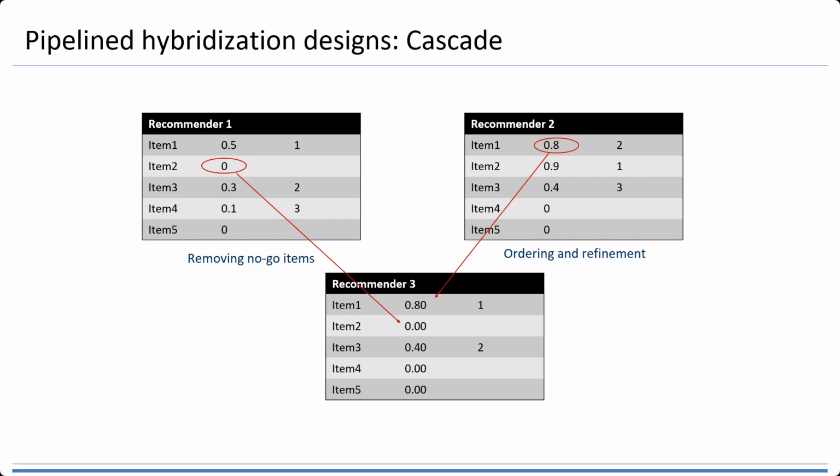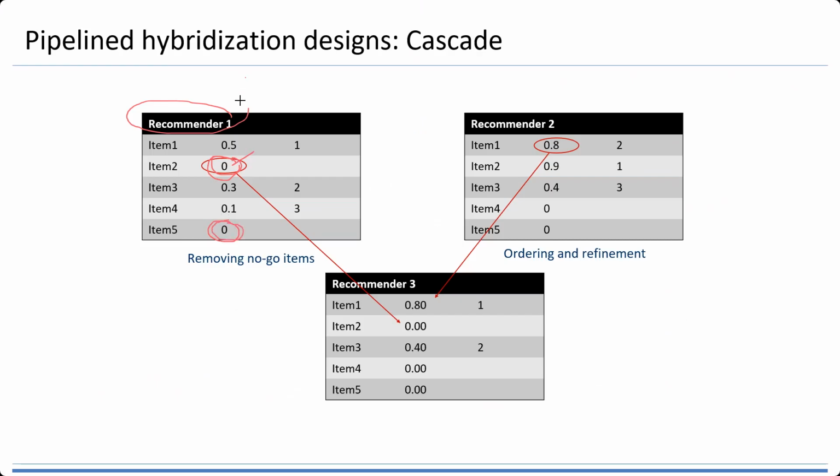So like this one. In the cascade, we have recommender 1 and we have recommender 2. In recommender 1, we have 0. It means actually it is not recommended by recommender 1 because it is 0.